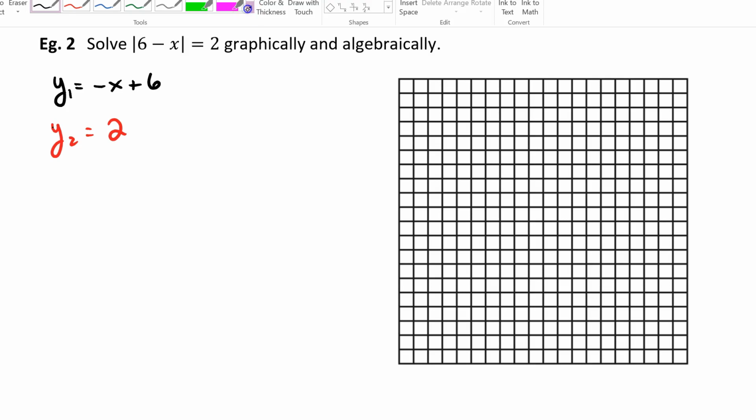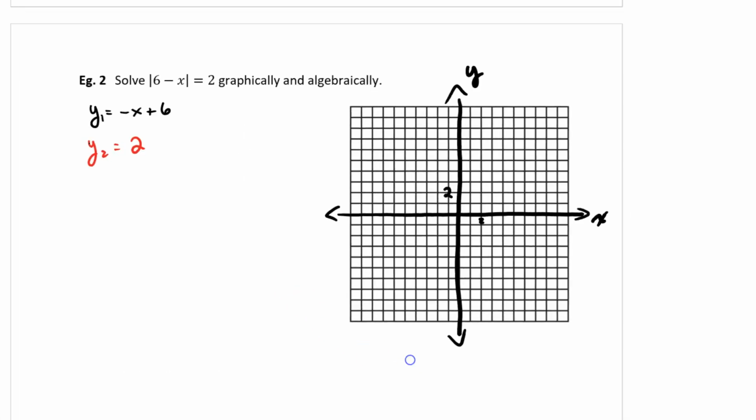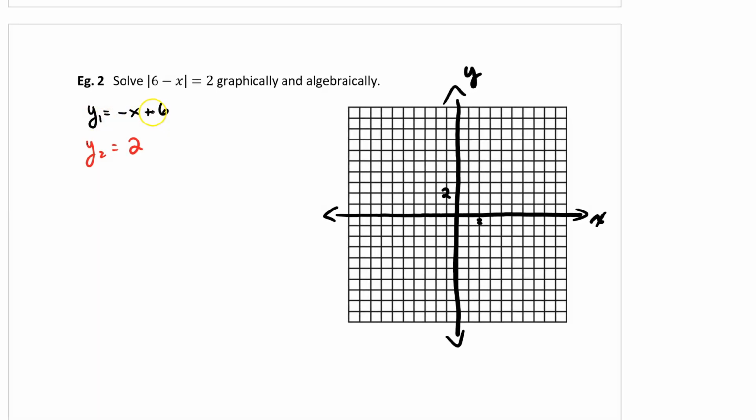So let's set up our graph here. Label our axes, x and y, 2 and 2. That kind of looks like a blob, not 2. There we go, that looks better. And let us draw this first one here.